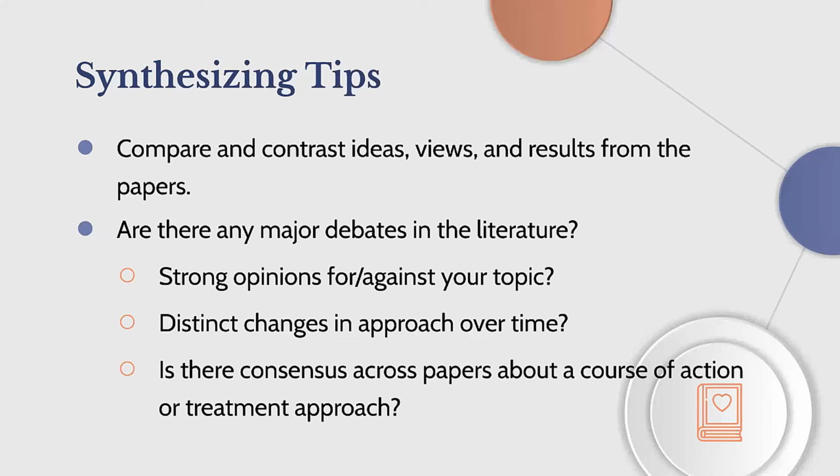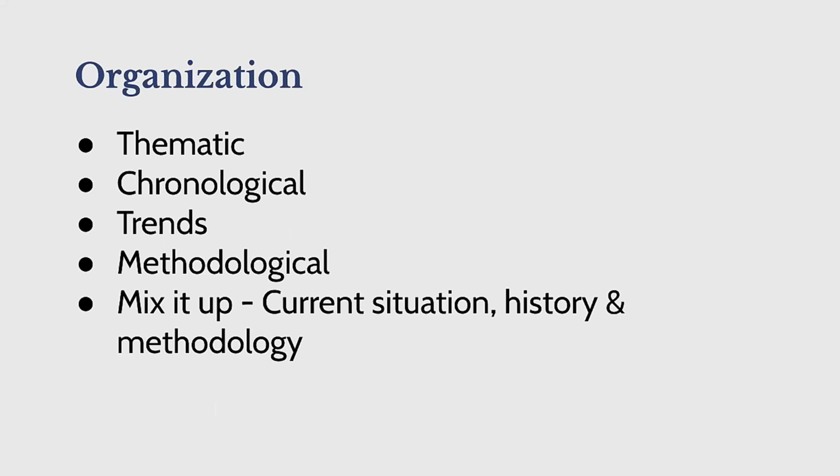In terms of how to organize the sources, it's totally up to you. It's your choice. These are just some examples of what you could do thematically. You've noticed these different themes coming out, you highlight three or four of them throughout your review and put them under subheadings. You could do them chronologically, maybe that makes the most sense for capturing the breadth of research and major trends.